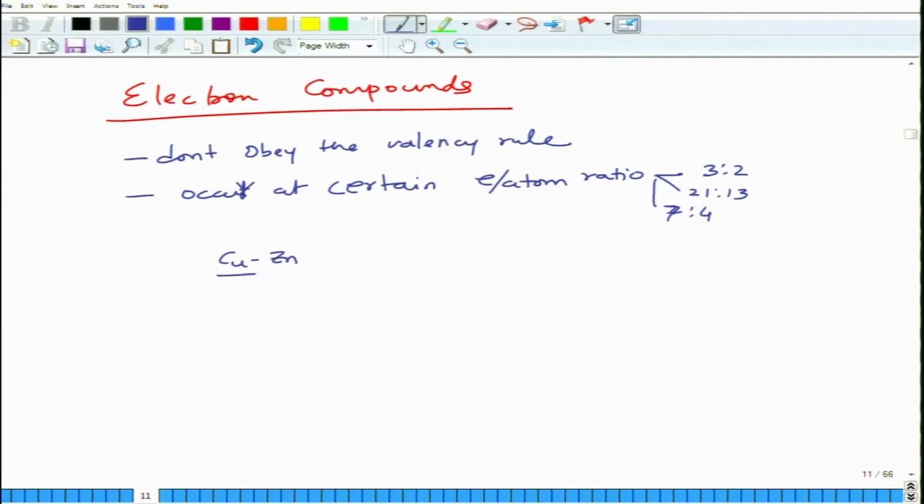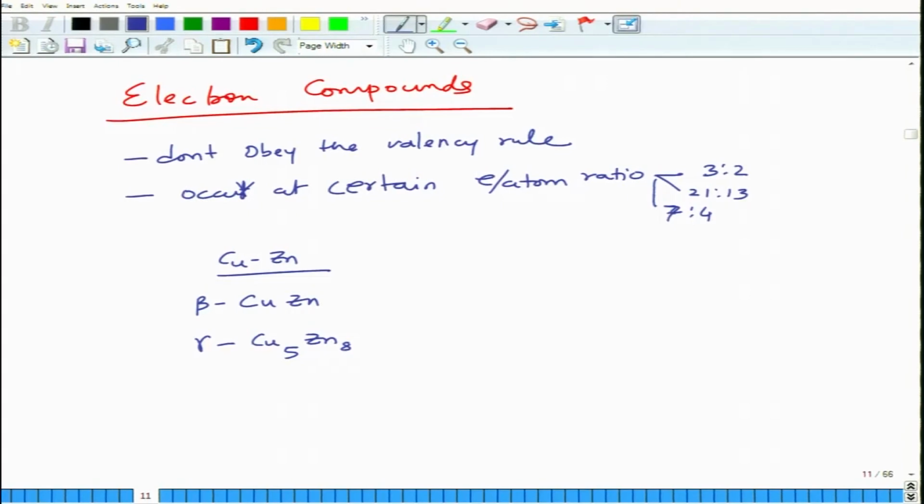For example, CuZn could be beta CuZn, gamma Cu5Zn8, sorry, this is not Cu3Zn2, this is CuZn, because copper has 1 valence and zinc has 2 valence.